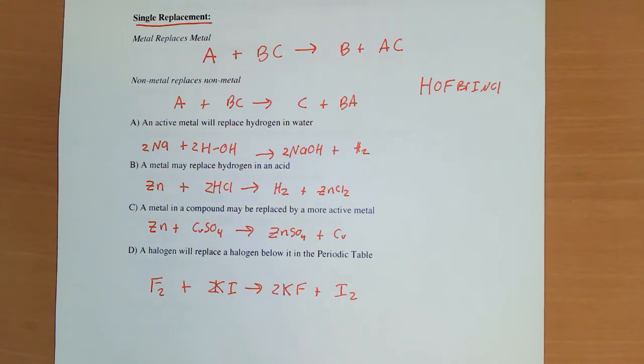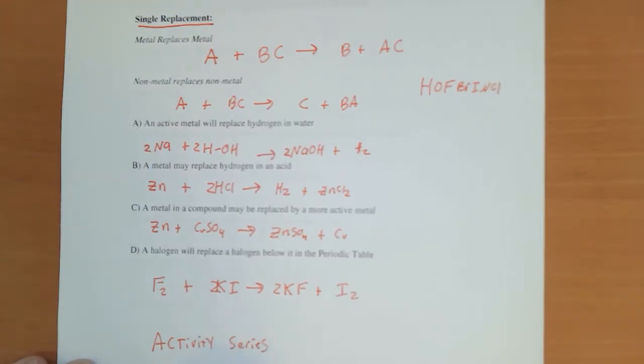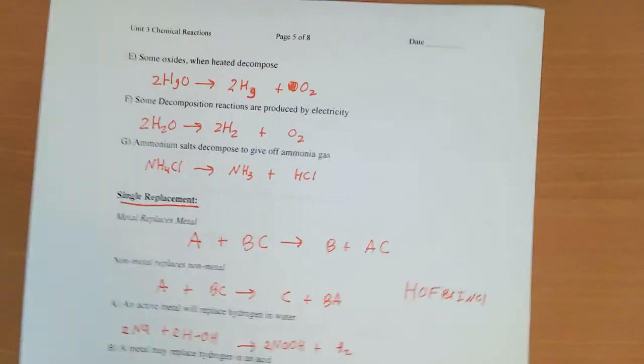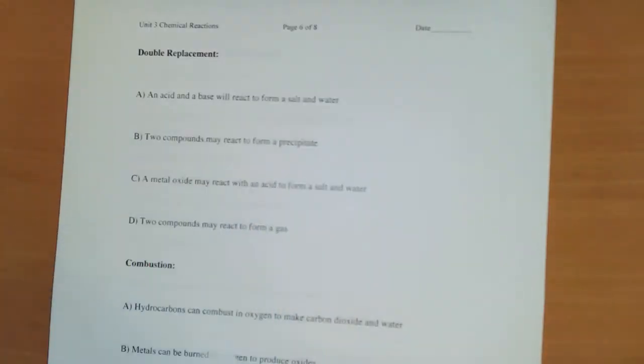Okay. Now, which metal or which non-metal is going to replace the other one? This is called an activity series. The more active is the one that does the replacing. All right. Let's go on to the next page.